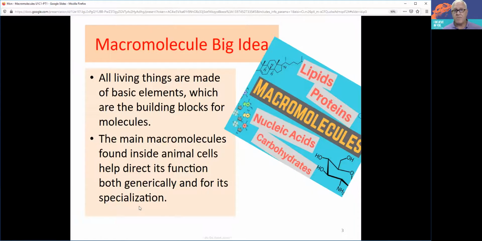The main macromolecules found inside animal cells help direct its function both generically and for its specialization. And the macromolecules fall under 4 specific names: carbohydrates, lipids, proteins, and nucleic acids.